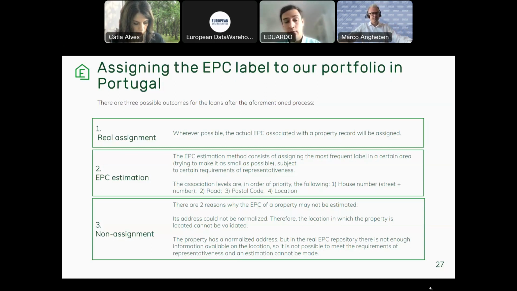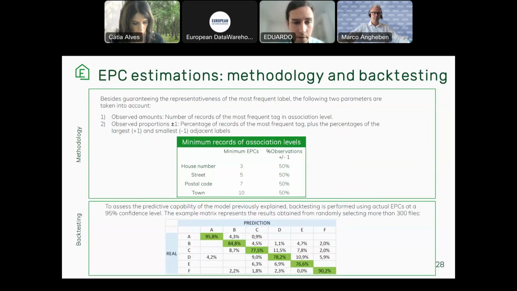And if the property is normalized and well identified in the system, but there is neither a real EPC reference in the repository, nor enough information in the street, road, postal code, or location, then unfortunately we cannot assign an EPC label to that property. And thank you.